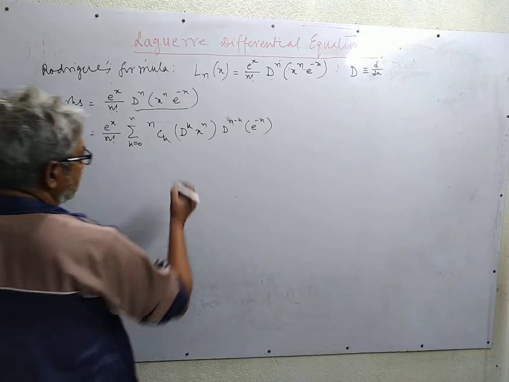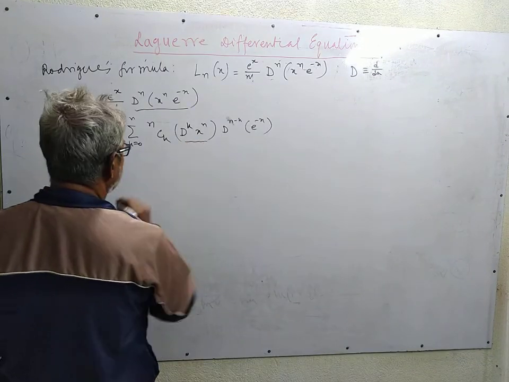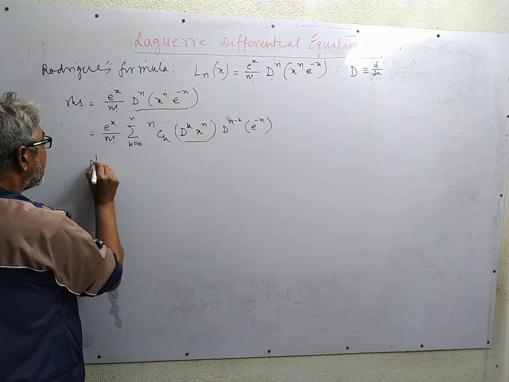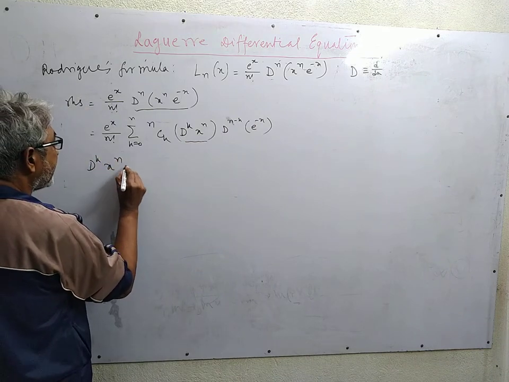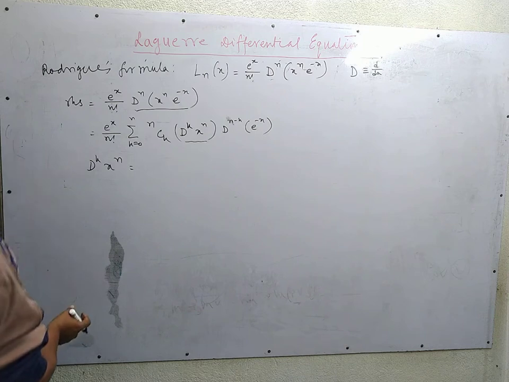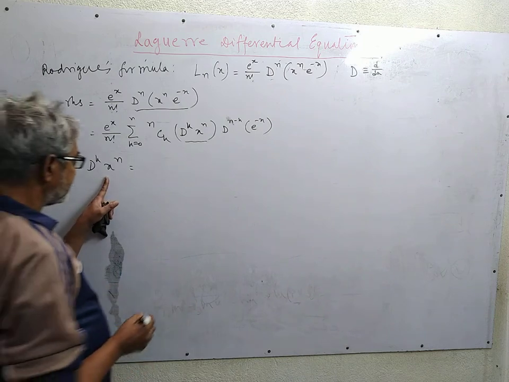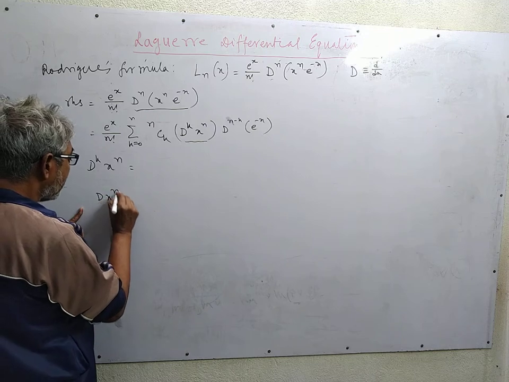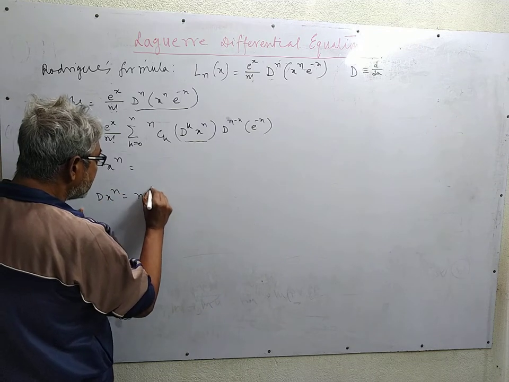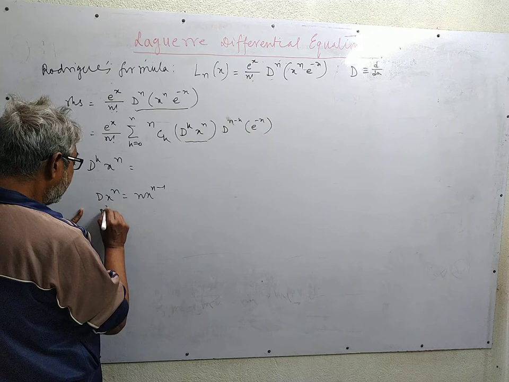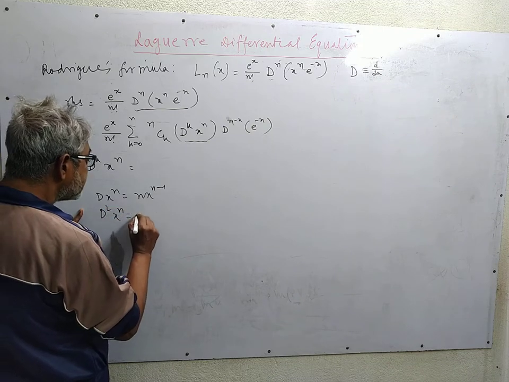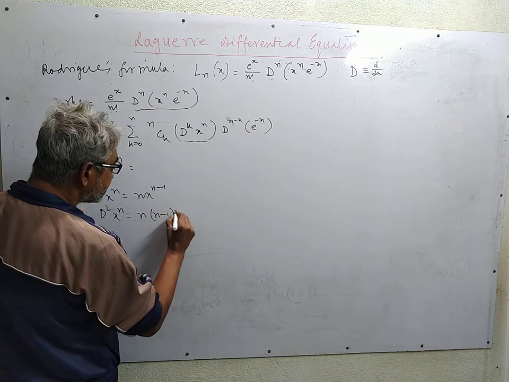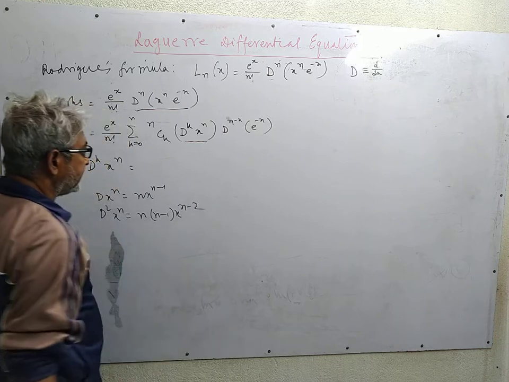Now we consider this term, d^k of x^n, which means k times successive differentiation of this. If we write d of x^n, this is n x^(n minus 1), d^2 of x^n is equal to n into n minus 1 x^(n minus 2).